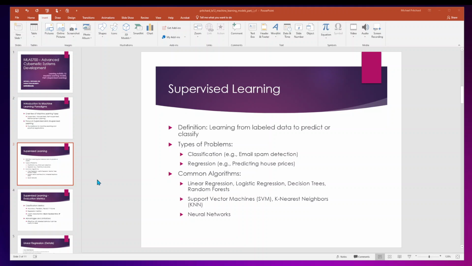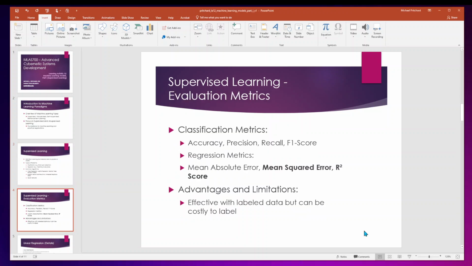Okay, so moving on over to evaluation metrics. We're not going to do all of these, but we're going to take on two. Typically when we're doing supervised learning tasks, there are a lot of metrics that we use to make sure that our model is performing accurately, and that it is grounded in reality.